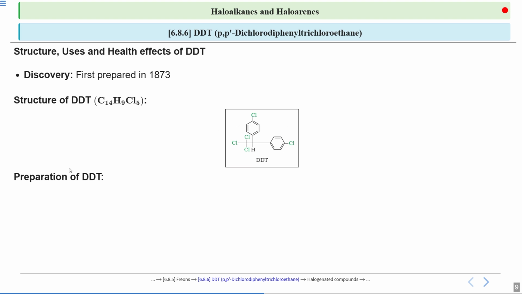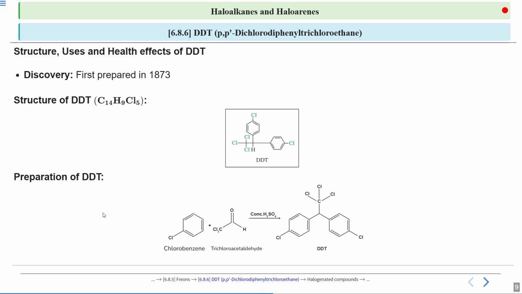Now, if we talk about the preparation of DDT, how can you prepare the DDT molecule? The reaction happens in this way. We take chlorobenzene, because we can see that in the structure of the DDT we have chlorobenzene present. So we react chlorobenzene with trichloroacetaldehyde, that is CCl3CHO.